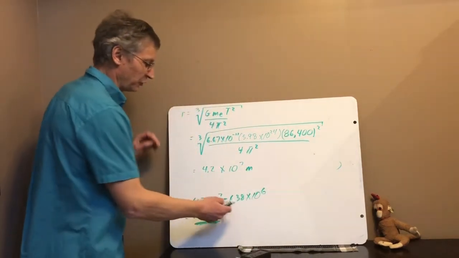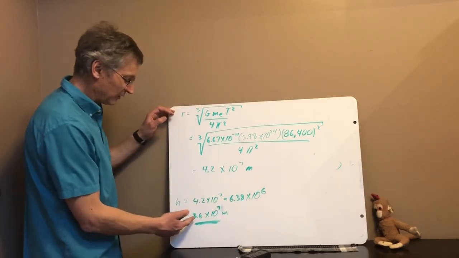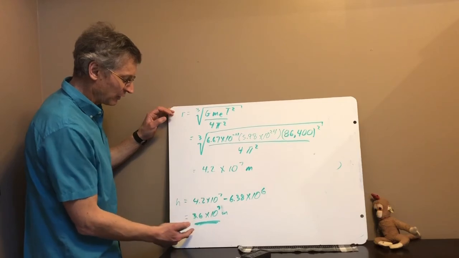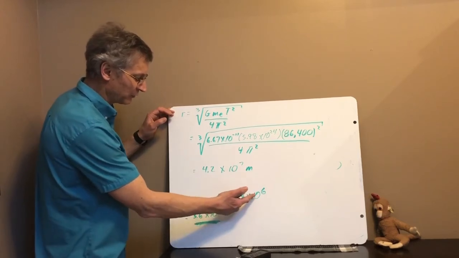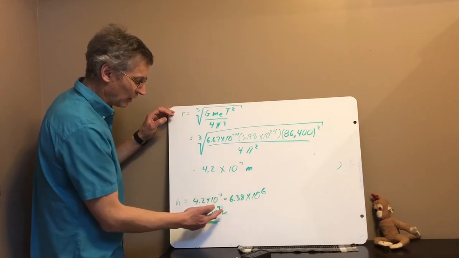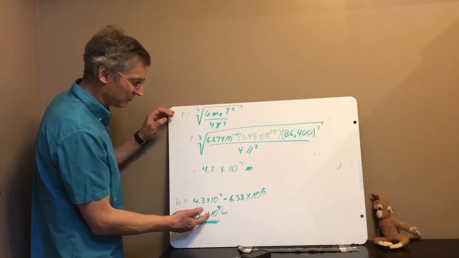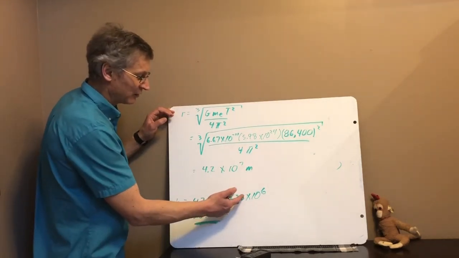There's the radius of the Earth, 6.3 times 10 to the 6. The height of this thing above the Earth is 3.6 times 10 to the 7th. This is times 10 to the 7th. This number is times 10 to the 6th. So this exponent is bigger than this one by 1. That means this number is, roughly speaking, 10 times bigger than this number.